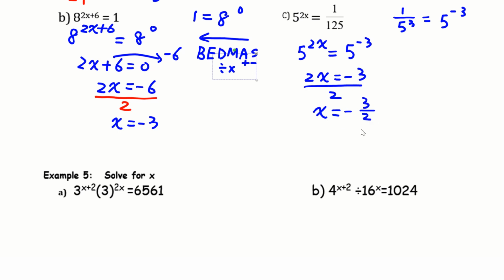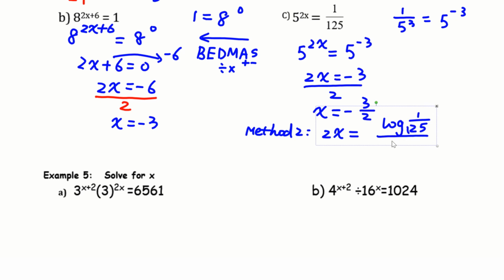So this is one way to do it, or we could do it another way. Because the right side is one power with no variables, we could do exponent equals log power divided by log base. So use a calculator.